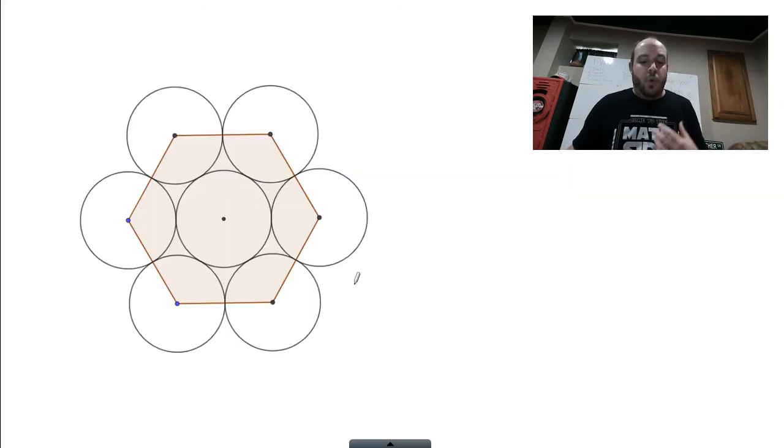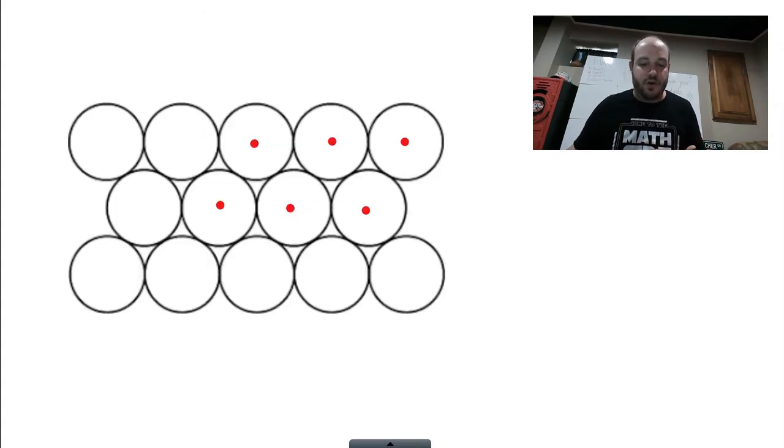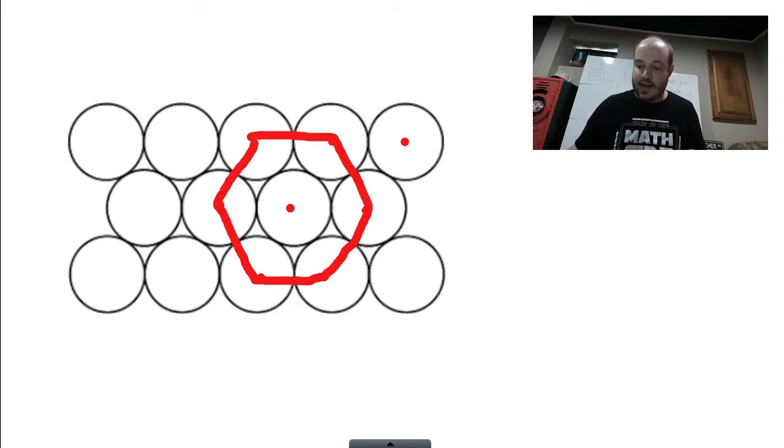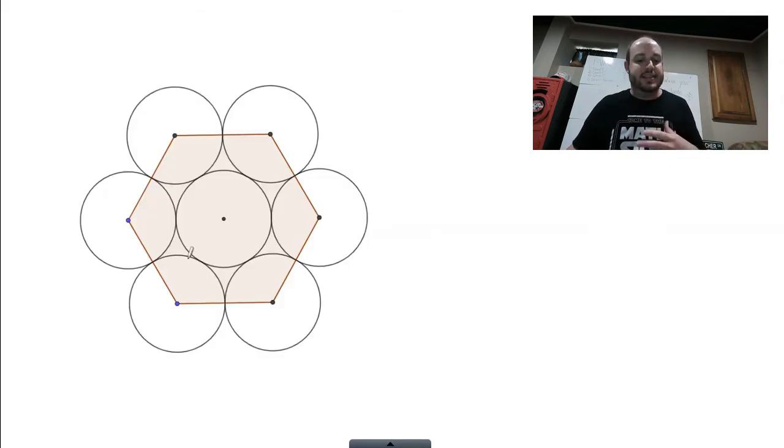They call it hexagon packing because when you look at the overall photo, you can actually break it down into a bunch of hexagons. When we're looking at these little individual hexagons here, this is what we're going to find the area of.